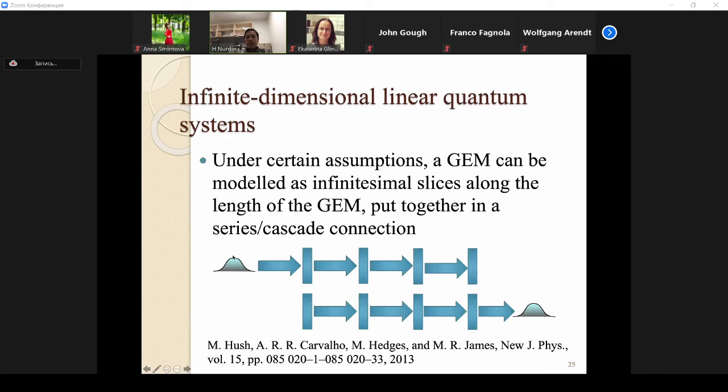An input field comes in and interacts with one slice at a time. After interacting with this slice, it gives an output field which continues and interacts with the next slice and so on. This is in storage mode, and when you read out, it goes the other way around. This model for the GEM was developed in this paper here.